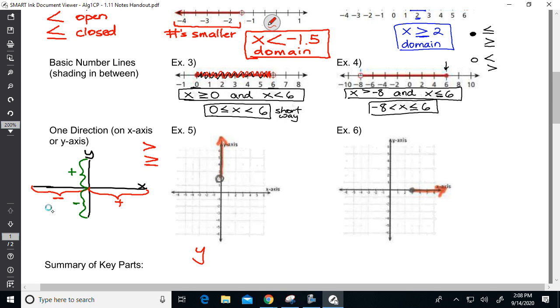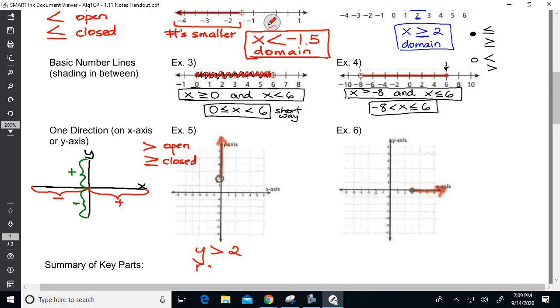So look at the dot. Is that open or closed? That's open. Remember, greater than is open. Greater than or equal to is closed. So y is greater than 2.